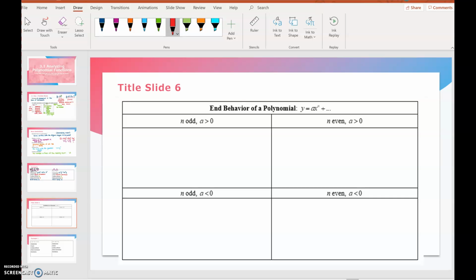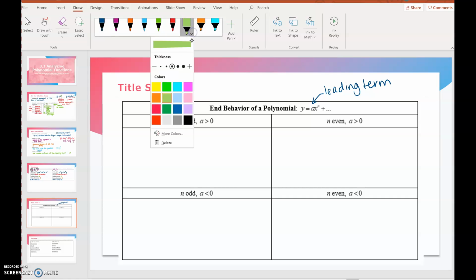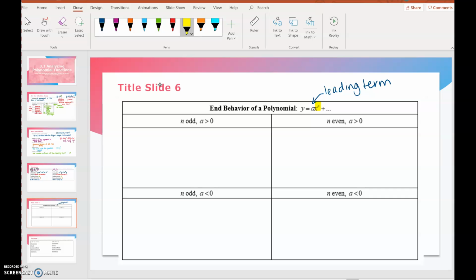So we're going to, again, only look at the leading coefficient or the leading term. Okay, and we're going to be looking at: is the degree, the exponent, odd, or is it even?